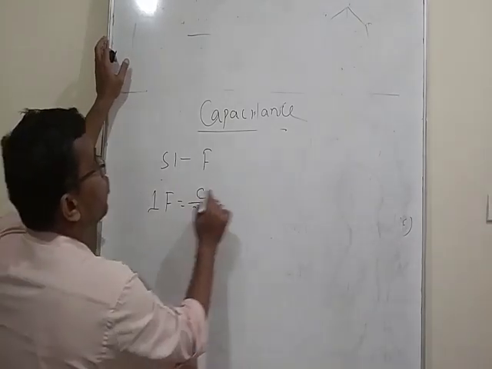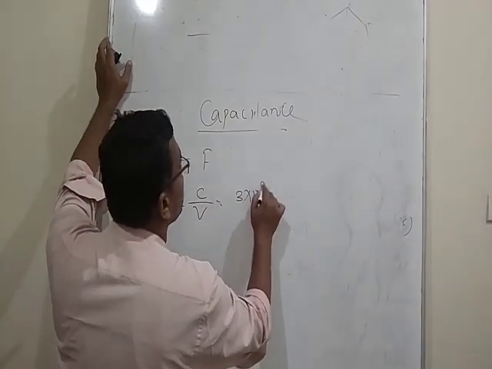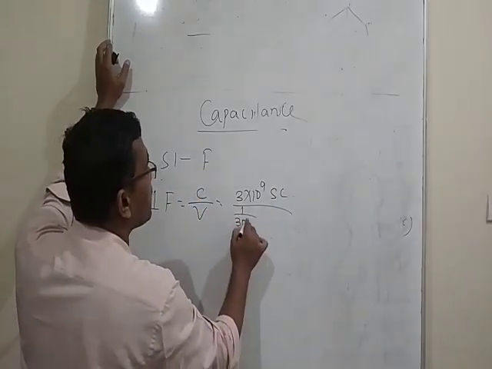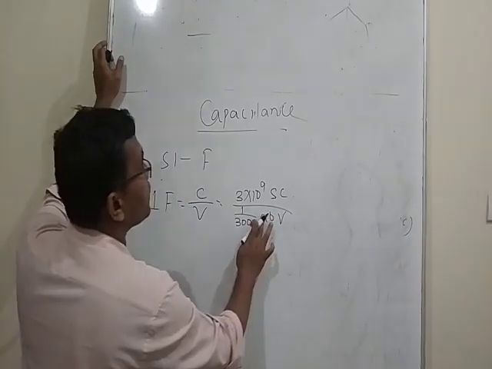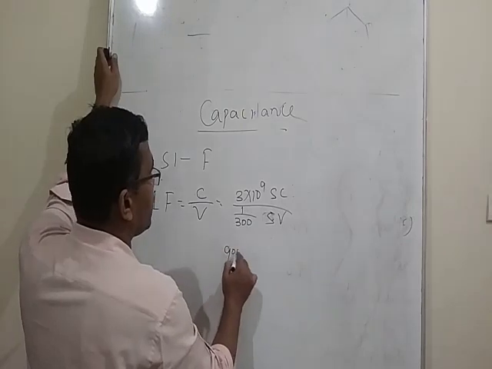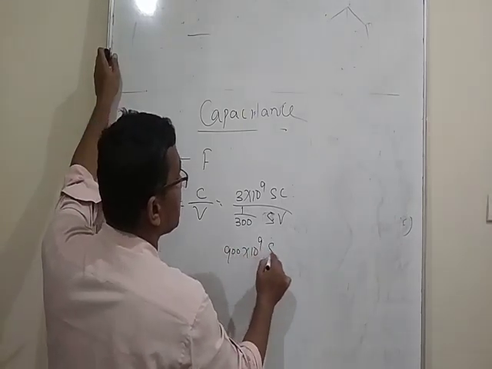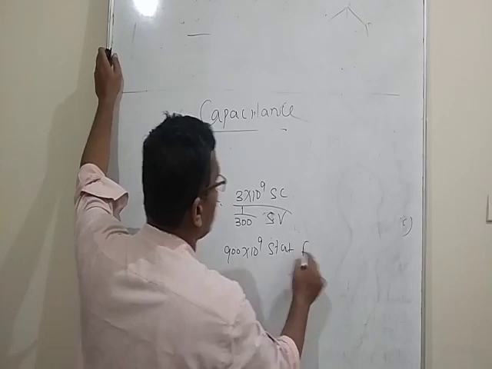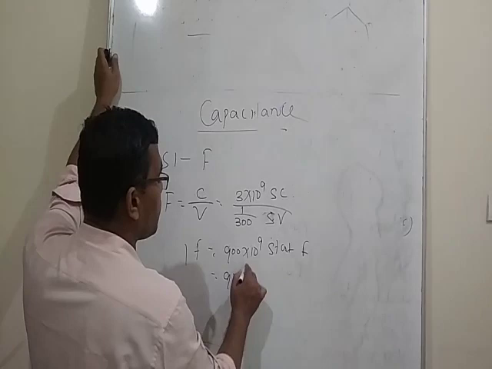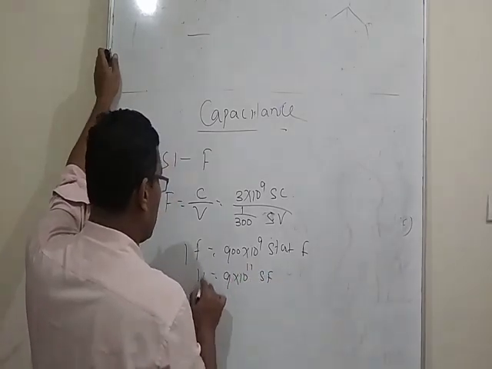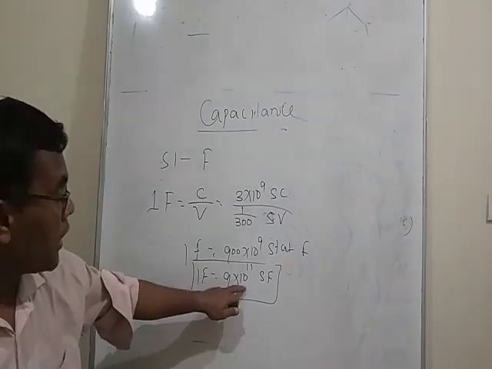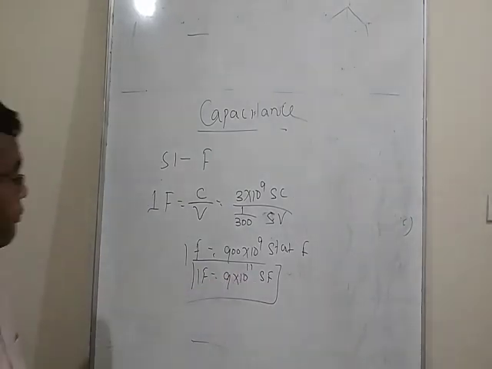Look, 1 coulomb is equal to 3 into 10 to the power 9 statcoulomb. 1 volt is equal to 1 by 300 statvolt. So this is 900 into 10 to the power 9 statfarad. So 1 farad is equal to 9 into 10 to the power 11 statfarad.